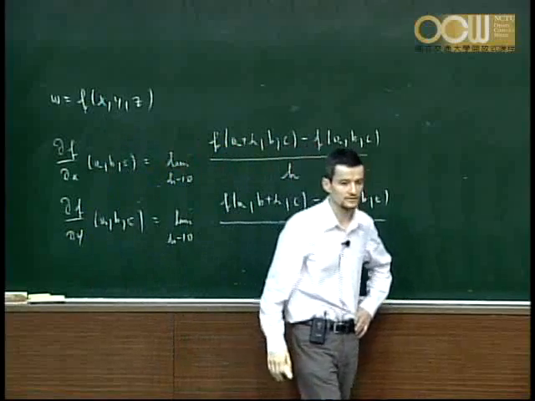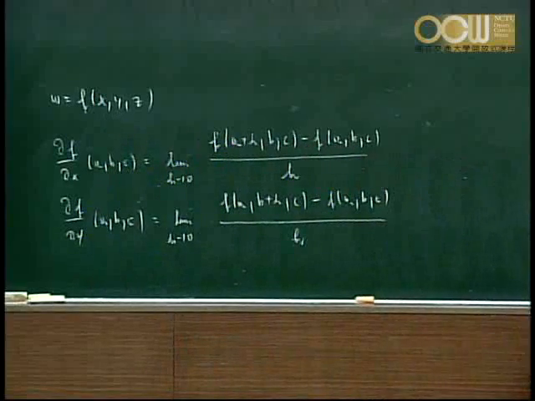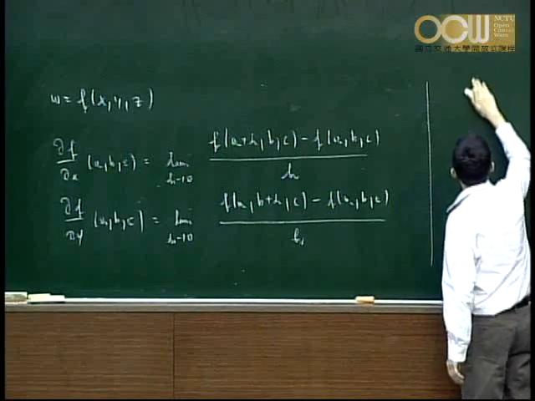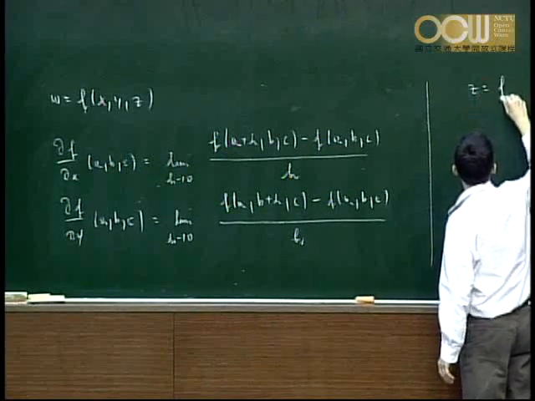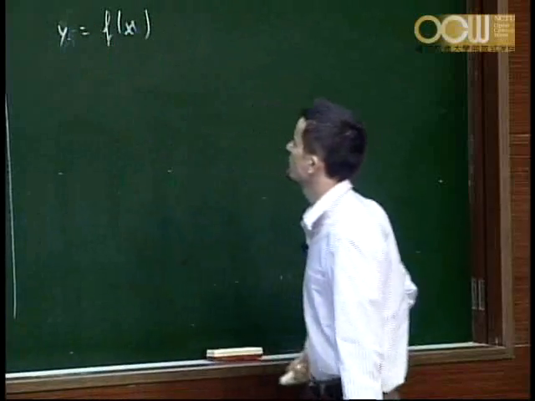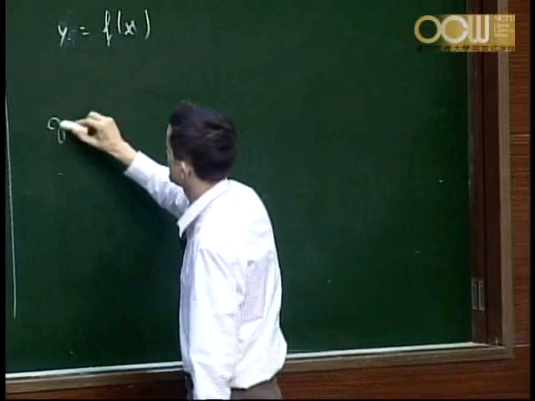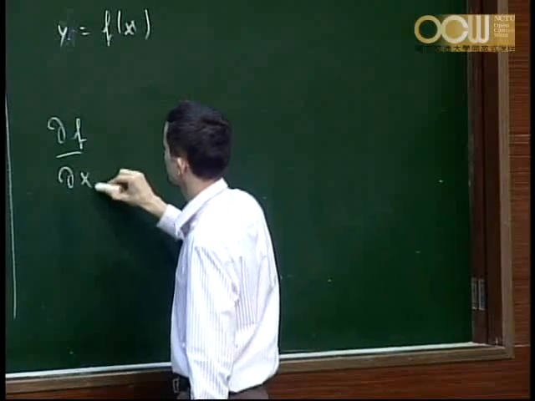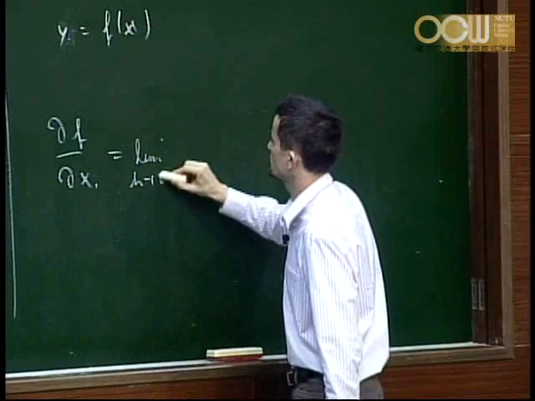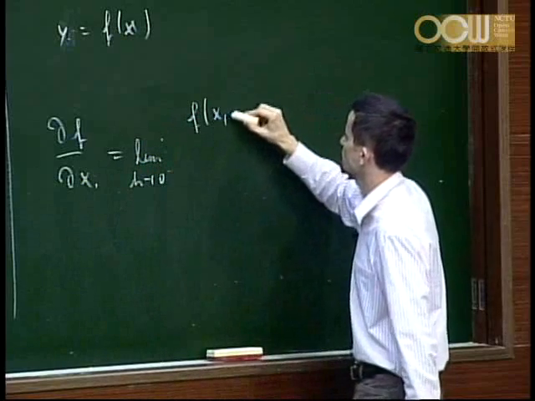and will to some extent describe some of the properties of the original function. And you can do the same for functions of more than just three variables. The partial derivative of f with respect to some xi is then defined as the limit, h tends to 0, of f of x1, and you go on.